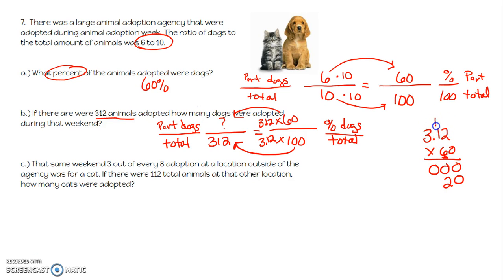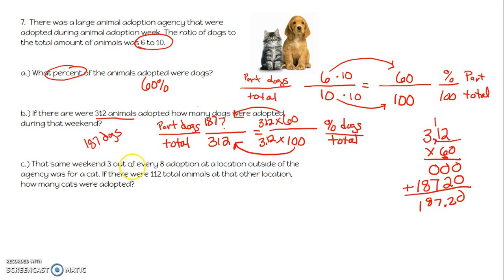Put down a 2, carry a 1. 6 times 1 is 6, and 1 more is 7. 6 times 3 is 18. 0, 2, 7, 8, 1. And so we know it's right around 180 when we estimate it. So if we move that decimal point over 2, we know about 187 dogs. So about 187 dogs.